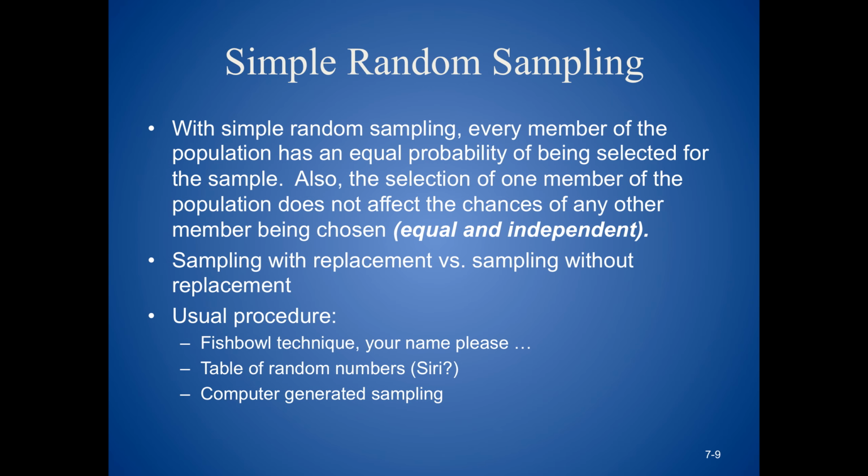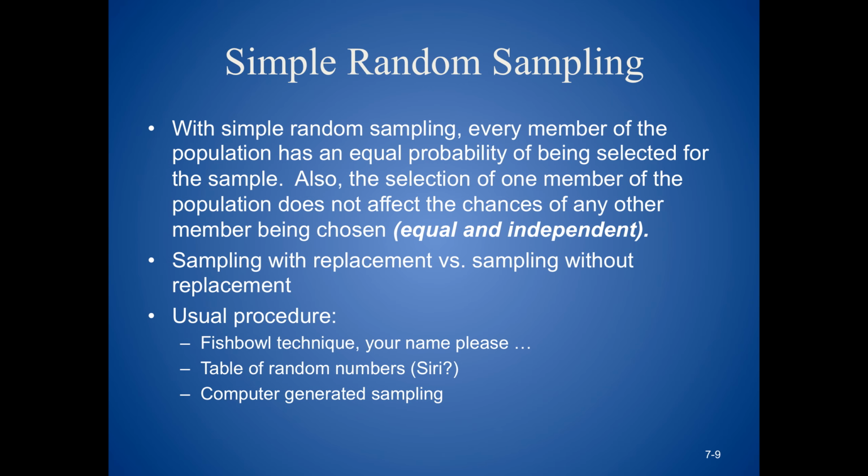So sampling with replacement versus sampling without replacement. So like a fishbowl technique, if we put everyone's name in a bowl and we picked your name out, that would be a random sample. But if we picked your name out, we would then have to put your name back in.